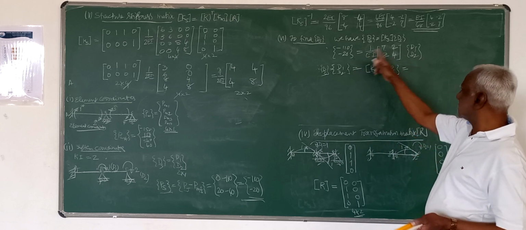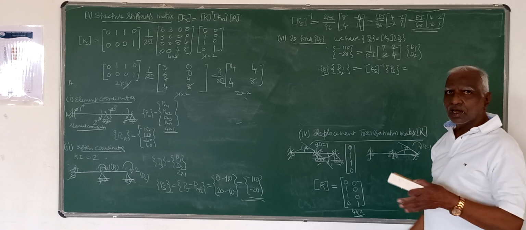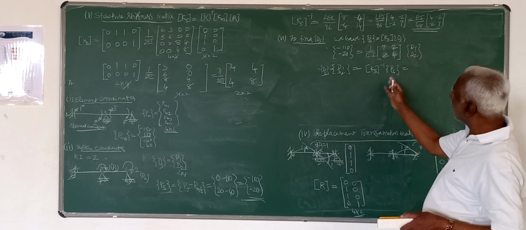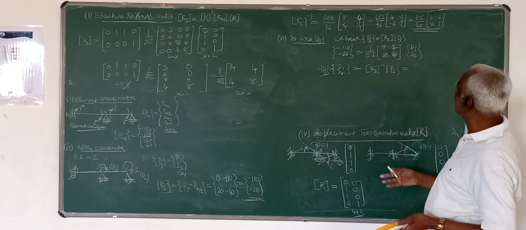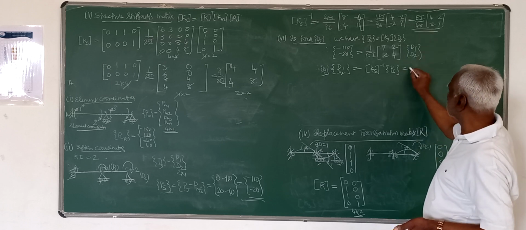Either you can solve this equation by Gaussian elimination to get D1, D2, or by inversion of matrices. Straight away look for inversion.